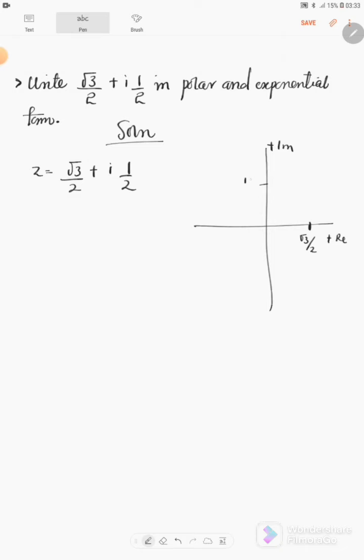We are going to have ac plus bd plus bc minus ad, with the i, all over c squared plus d squared. After resolving this into real and imaginary parts, we have ac plus bd over c squared plus d squared plus i open bracket bc minus ad over c squared plus d squared.